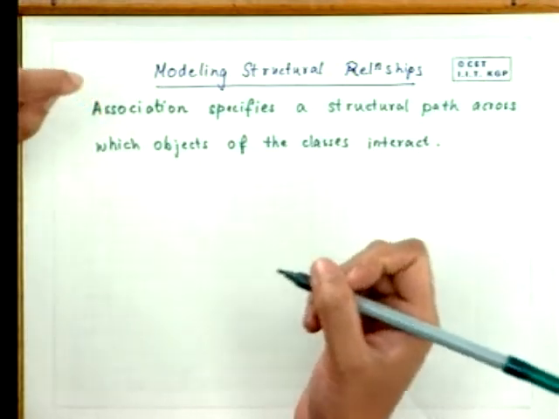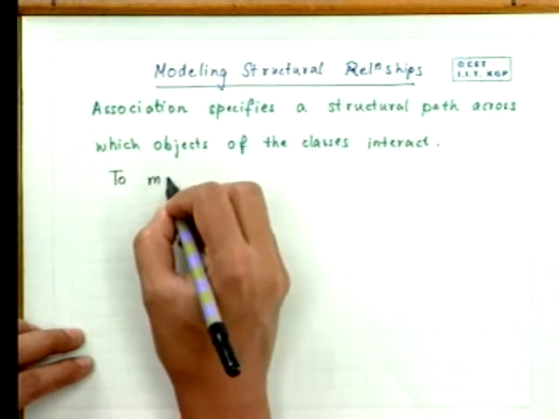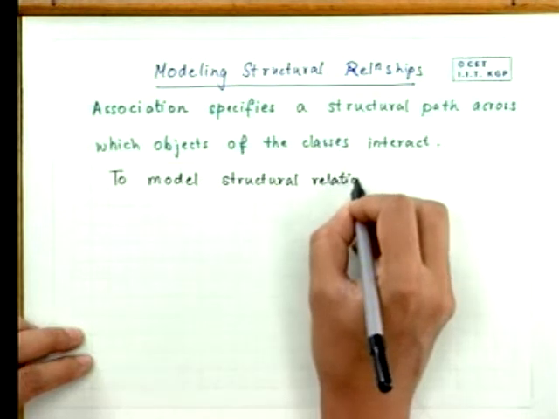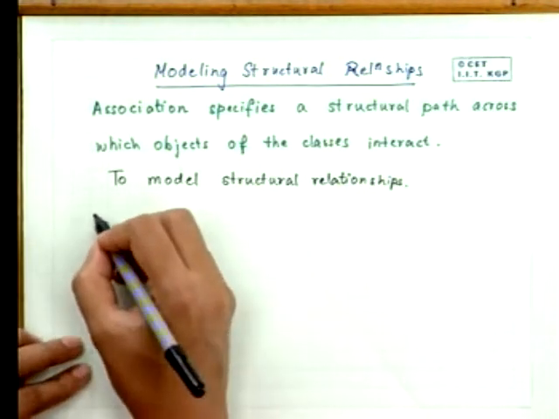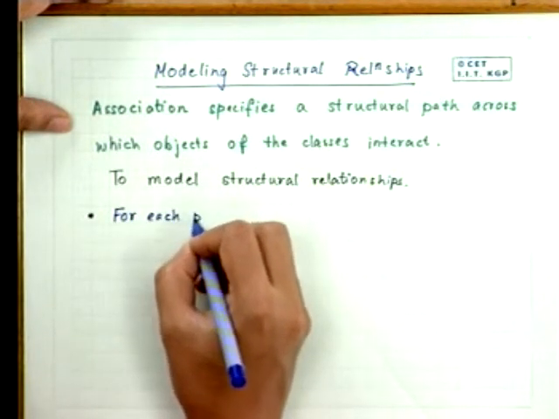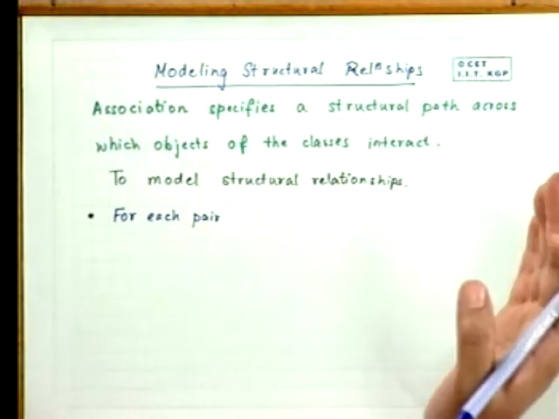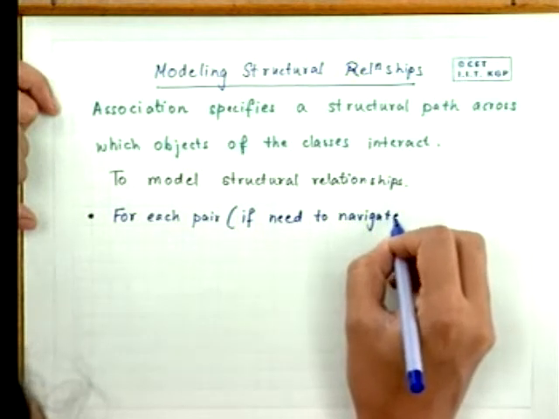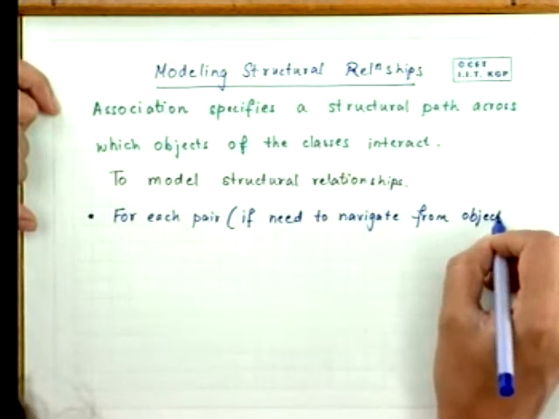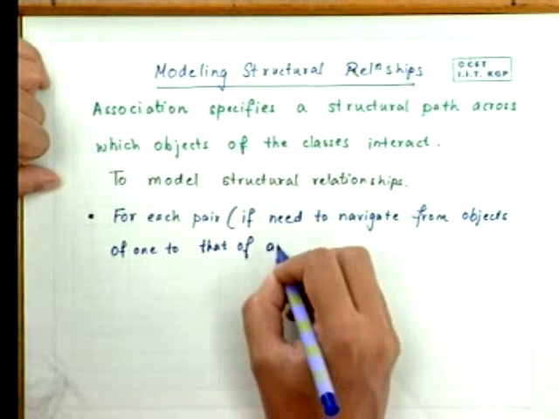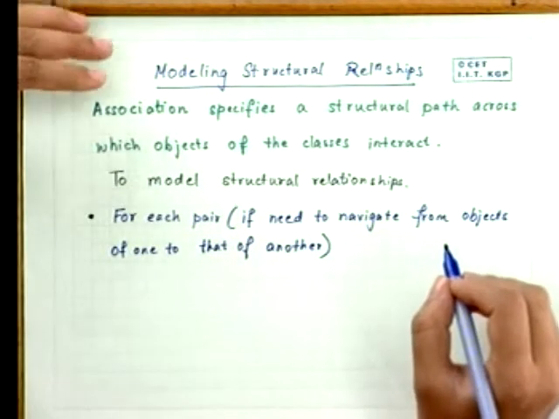Now, to model these structural relationships, number one, for each pair of classes, if you need to navigate from objects of one to objects of another, you specify an association between the two.